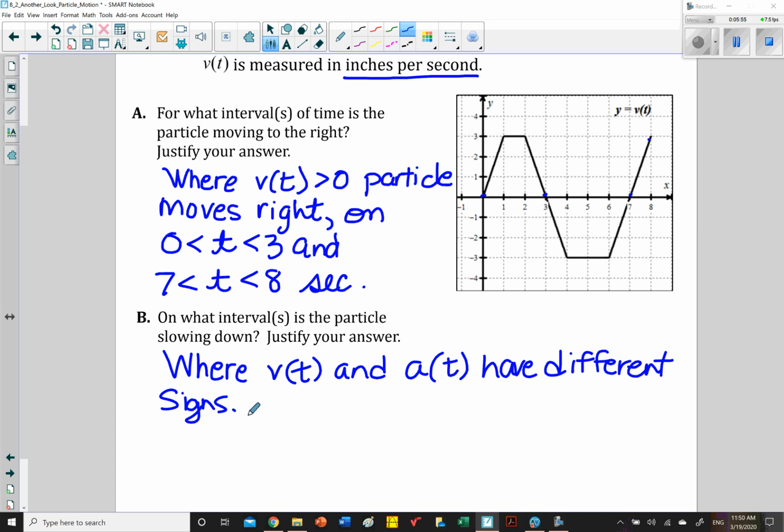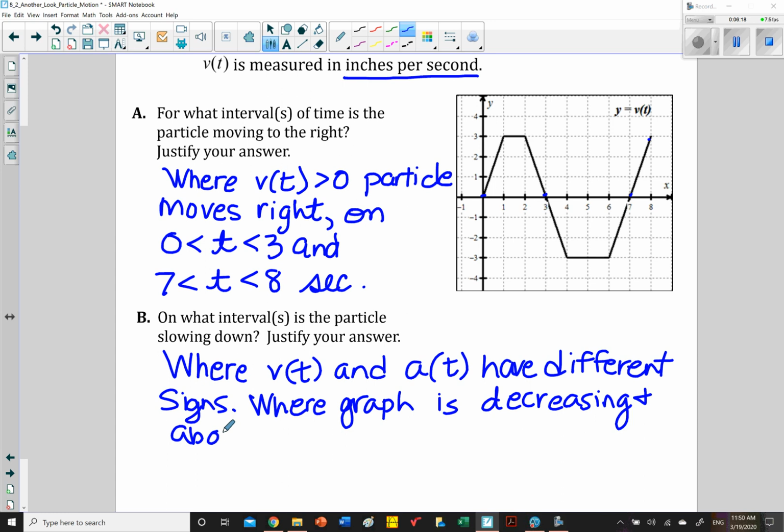Where the graph is decreasing and above the x-axis, or increasing and below the x-axis. Where the graph is decreasing and above the x-axis, where would that occur? 2 to 3.